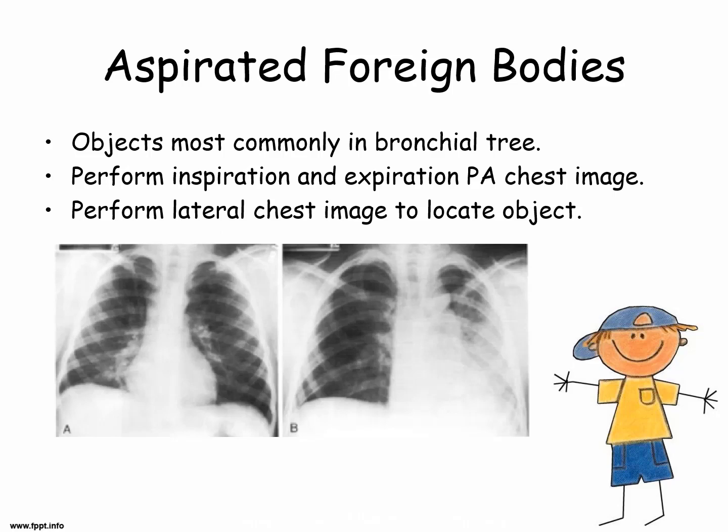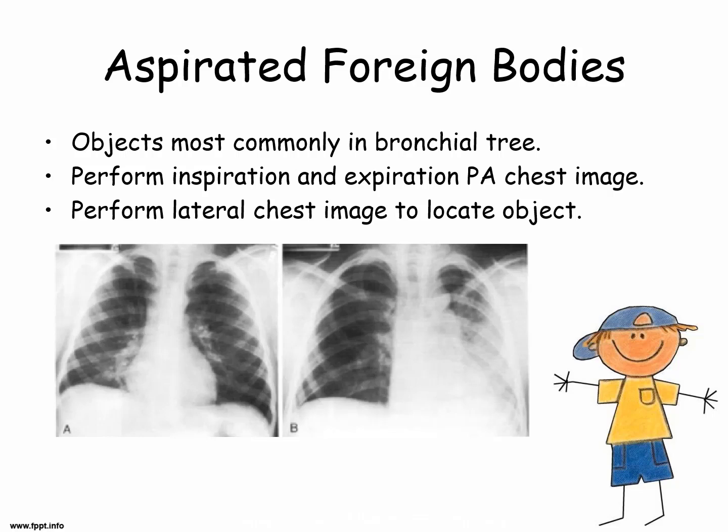What if they actually aspirate the foreign body and it's something like a Lego that will not show up on X-ray? Objects most commonly go down the right main stem bronchus because it is larger and more vertical than the left mainstem bronchus. If we get a PA chest, we would do inspiration and expiration images.